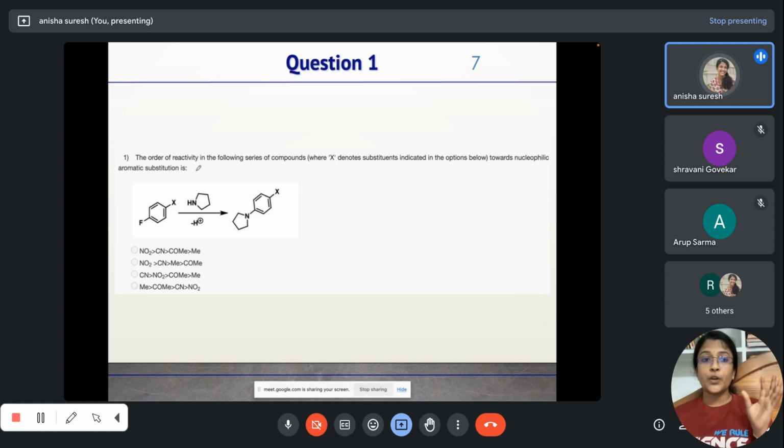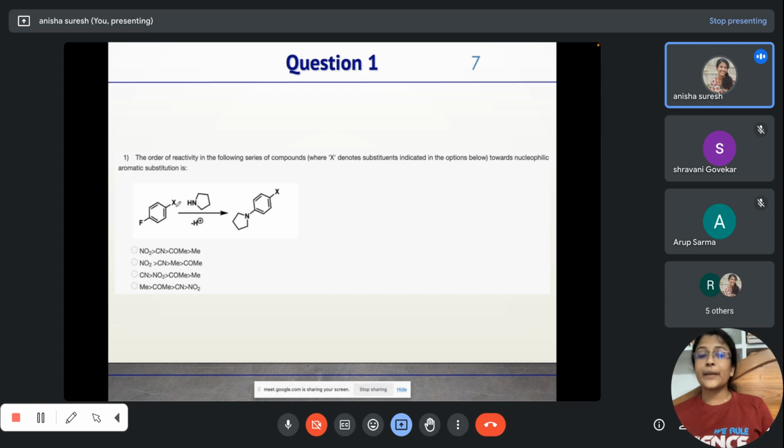X can be NO2, CN, COMe, or Me. So we have to see the order of reactivity for this nucleophilic aromatic substitution reaction when X is NO2, CN, COMe, or Me.